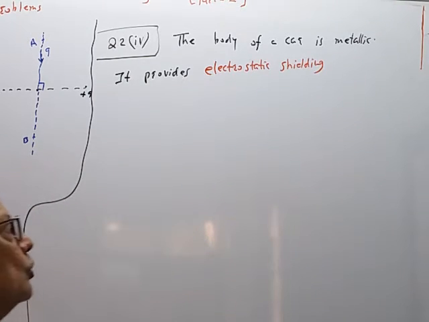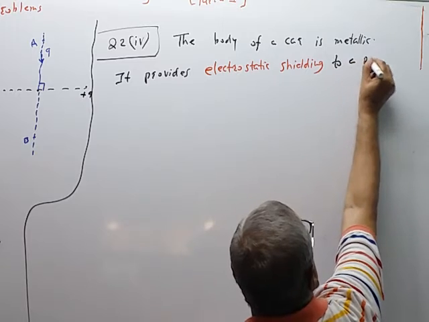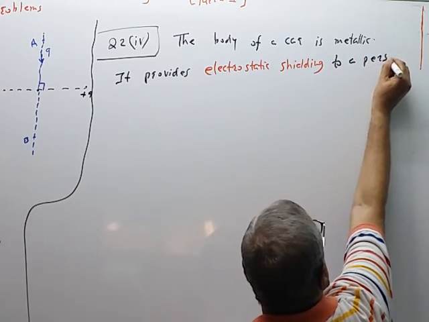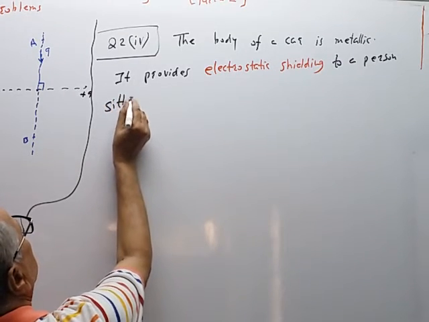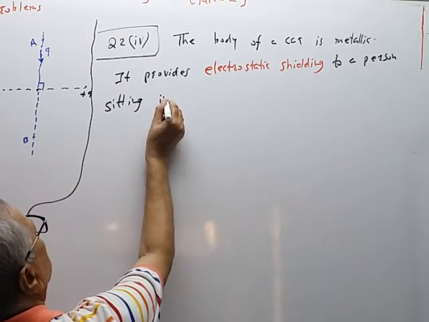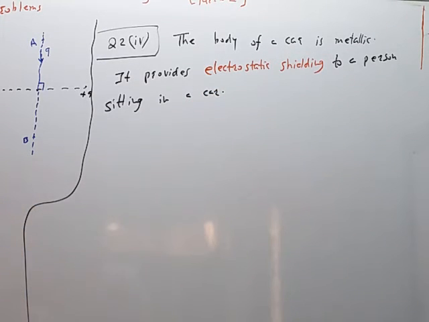Electrostatic shielding to a person sitting in a car. Why?